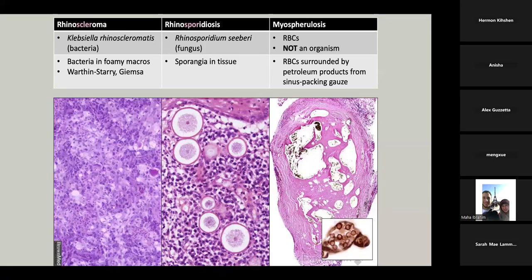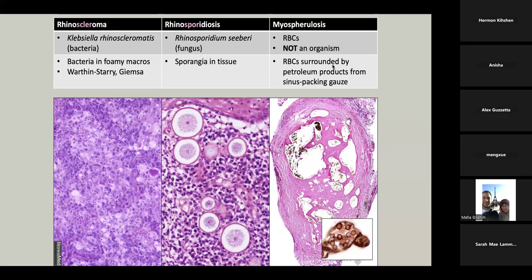So these three, even though we in this country don't really see rhinoscleroma or rhinosporidiosis very often because our native population is not infected with these diseases, you can see it in people from outside the US or who've undergone travel. Rhinoscleroma is bacteria present in foamy macrophages that you can see on Warthin-Starry stain. Rhinosporidiosis is a fungus that creates sporangia in the stroma and in the epithelium.